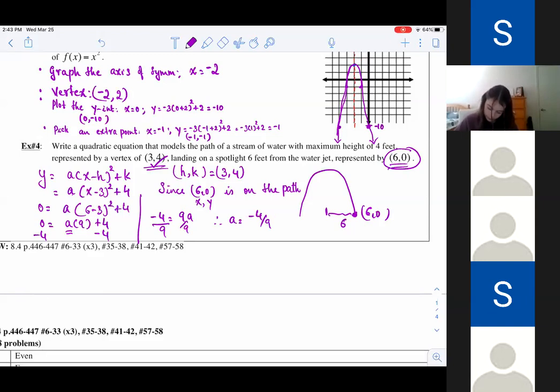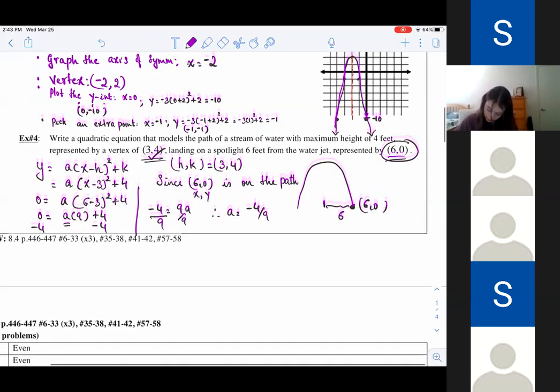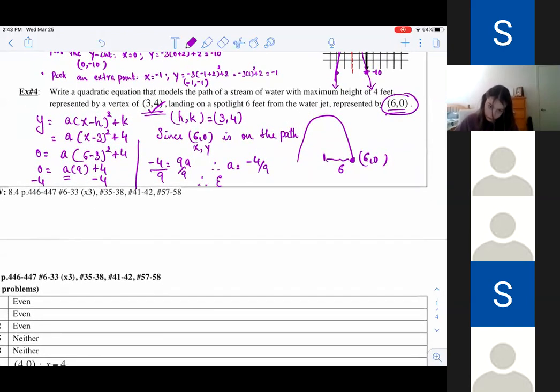Now, if you go back and read the question, it says to write a quadratic equation. We got the equation now. Therefore, our equation is Y is equal to, and it does make sense. You see that you're actually getting a negative A value, which means it's upside down because the stream of water cannot go upward, right?